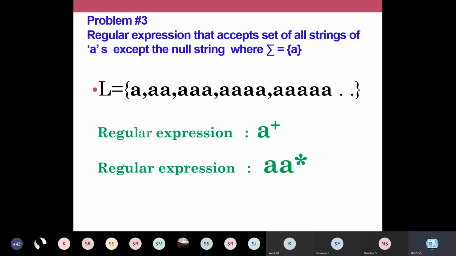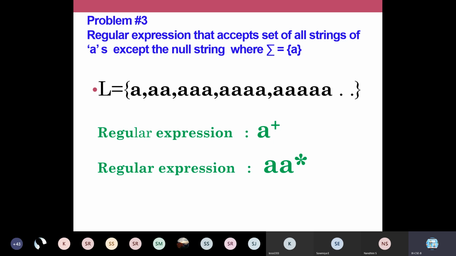It means that at least one time that A should come. We have to write that A at least one time. We must not take the 0th occurrence; A power 0 we must not consider. So A power plus denotes the union of A power 1 union A power 2 union A power 3 like that, except A power 0. That is your regular expression denoting set of all strings of A's except null string.